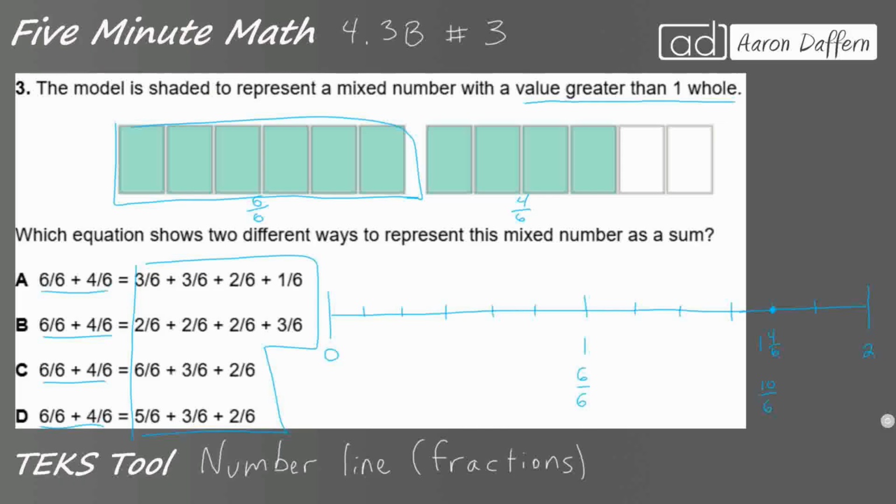All right. So let's start with A. I've got 3/6, and I'm just going to draw little jumps here to show where I'm going. So I've got 3/6 plus another 3/6, so that's 4, 5, 6. So this gets me up to 6/6. And then I've got 2/6, 1, 2.